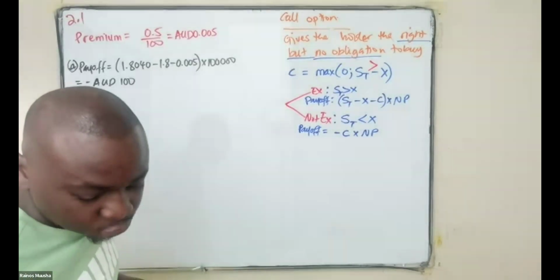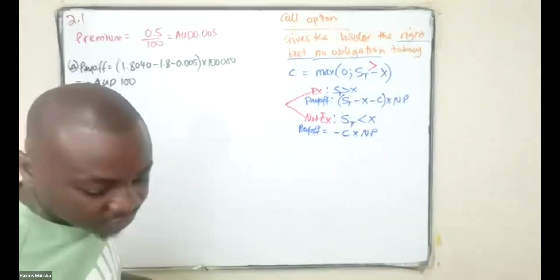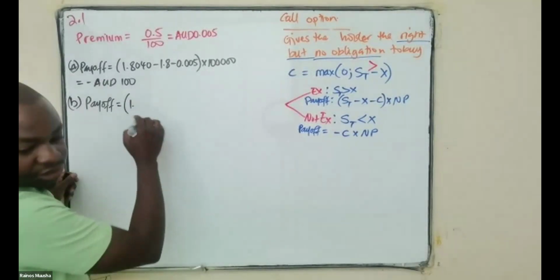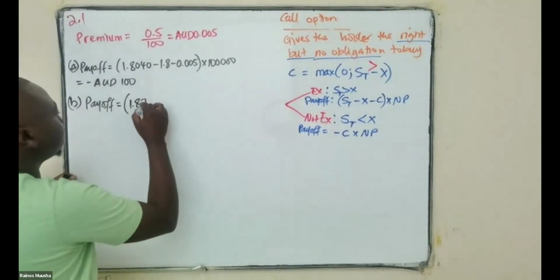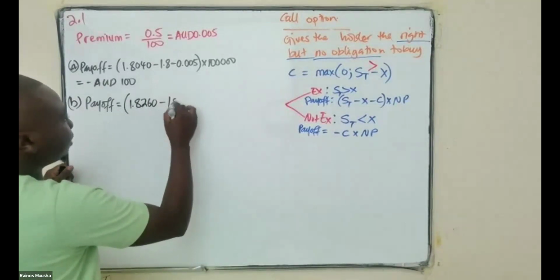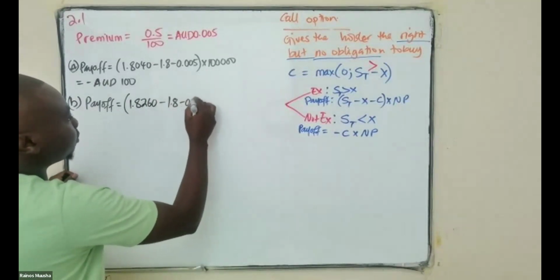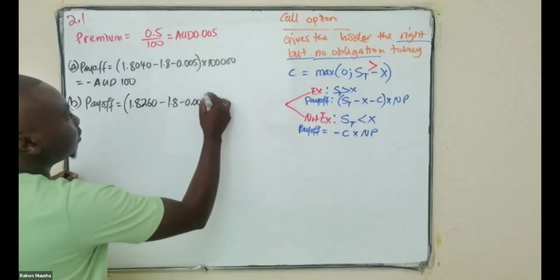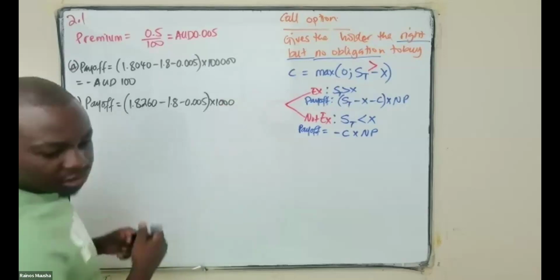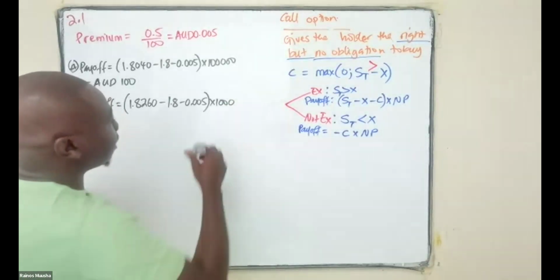So if we exercise this option, our payoff would be the spot price of 1.8260 minus the exercise price of 1.8 minus the premium of 0.005, multiplied by 100,000 units.